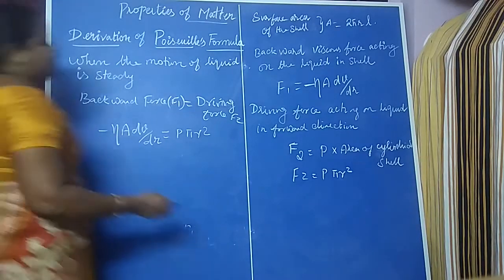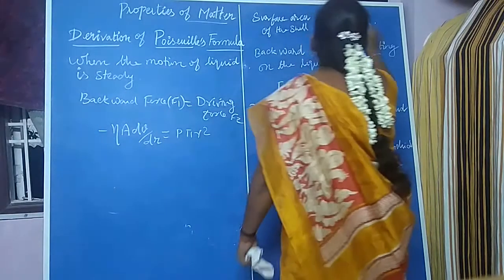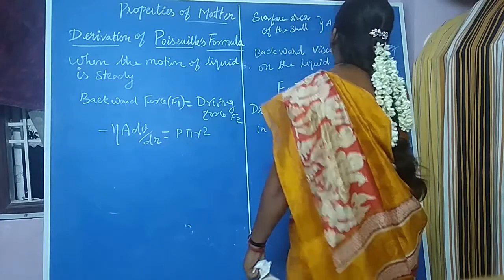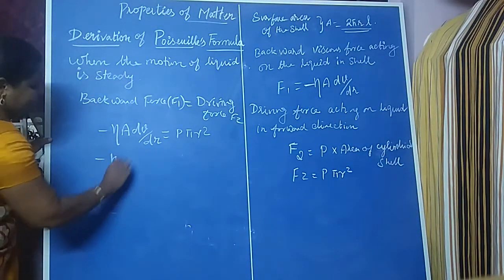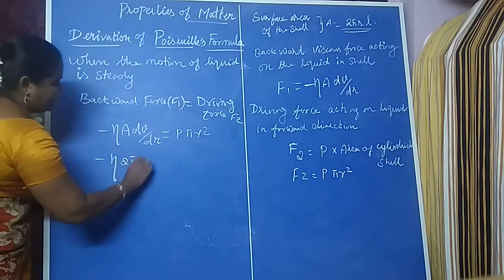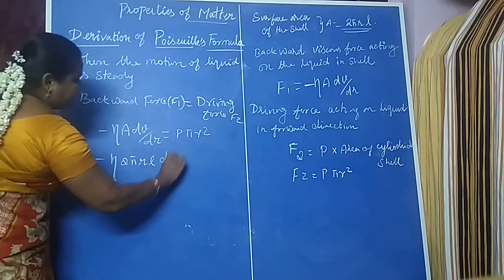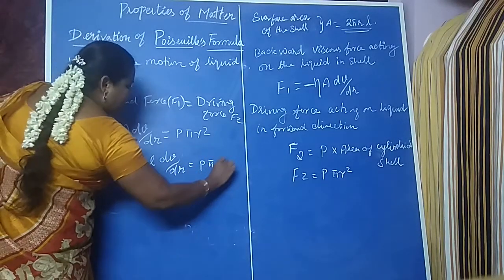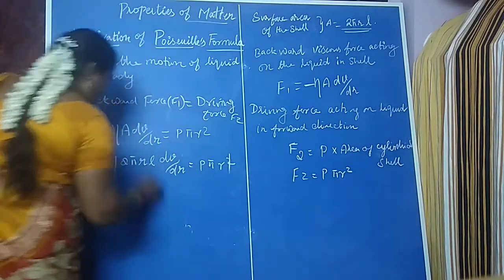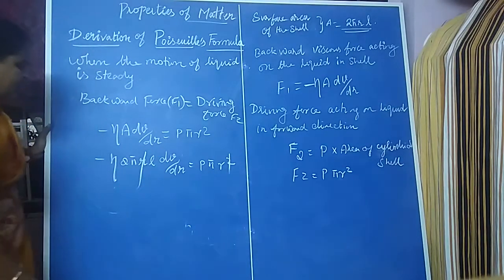So we have to substitute the value of A. We have the surface area of the shell equal to 2 pi r L. So minus eta 2 pi r L dV by dr equals P pi r square. For r square we cancel one r.